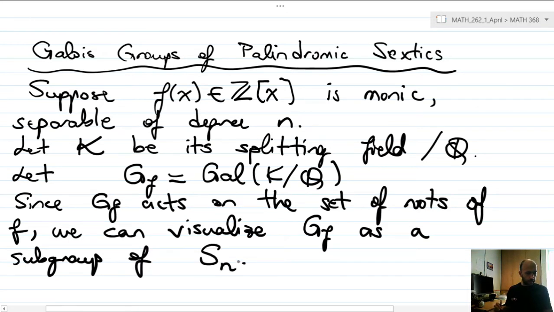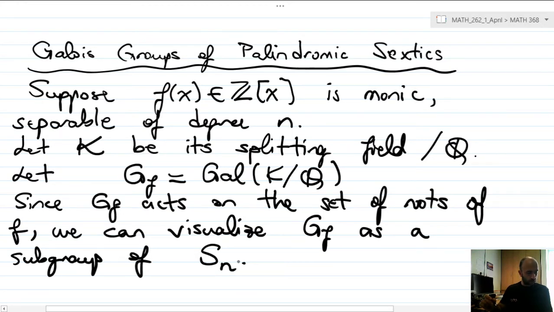Right, and in general, the goal at this point is, given a polynomial f, can we really compute which subgroup it is? In general, it's not a very direct, easy problem. It's not so easy to find one quick algorithm that takes care of it.